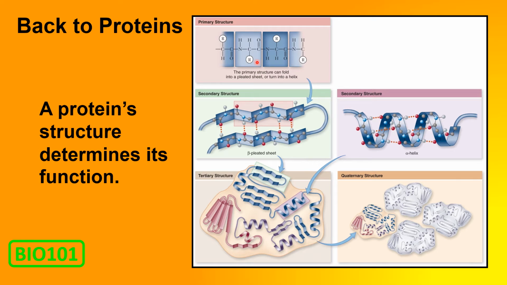Now, when we go into secondary structure, then we start manipulating that big long chain. And so here we see this is called an alpha helix, and we'll see this again when we talk about DNA. You may be familiar with the alpha helix already, and it's just like a corkscrew or a spring.